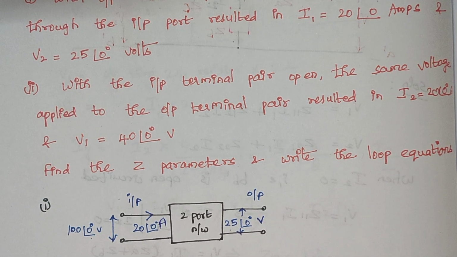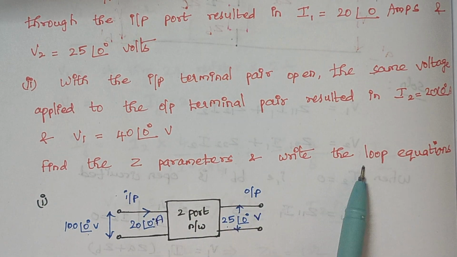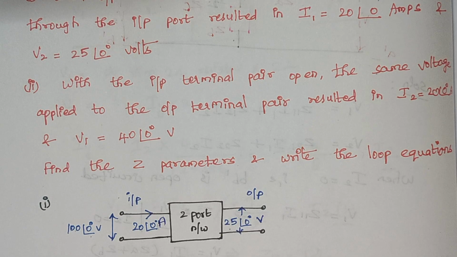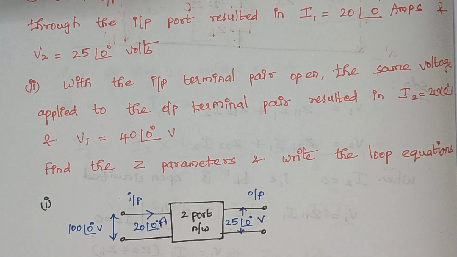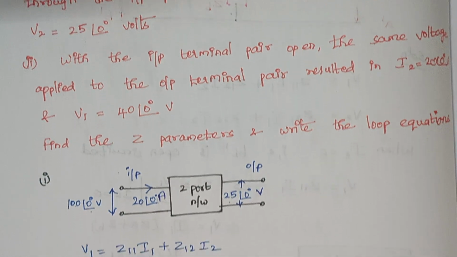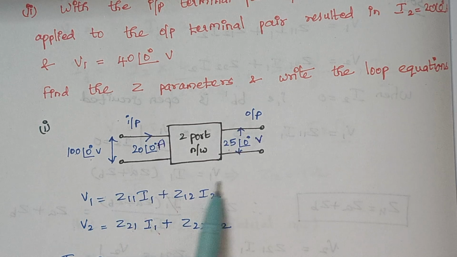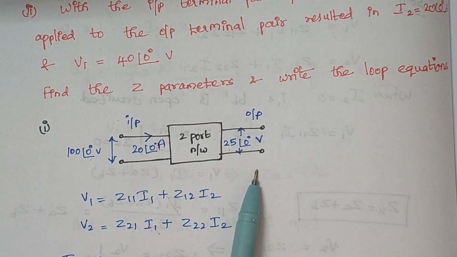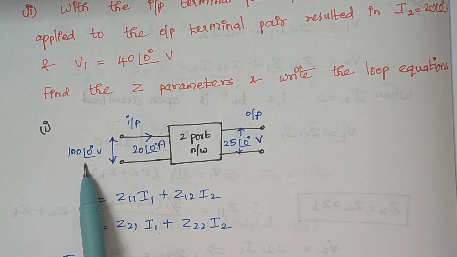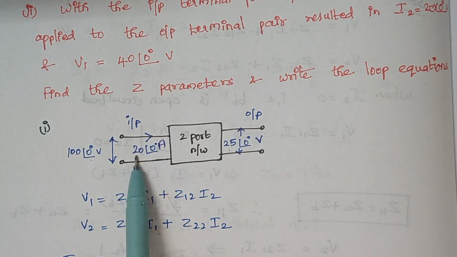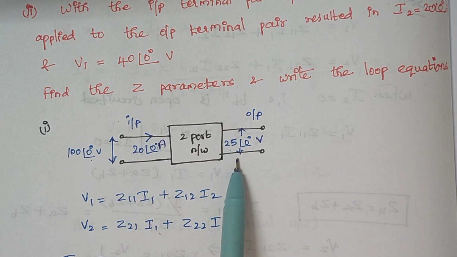So here the thing is, find the Z parameters and write the loop equation. With the given things, we have to calculate the Z parameters. As a first step, write down the basic equation. Only because of this input voltage and this current, there is some voltage across the output port.